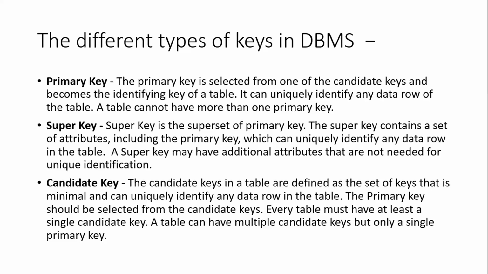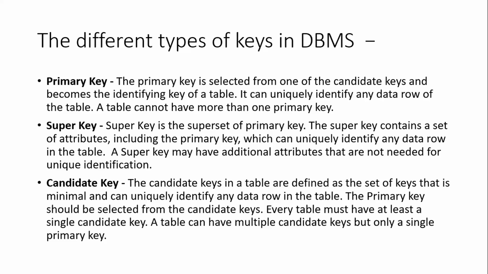This primary key is selected from one of the candidate keys and becomes the identifying key of a table. So to search or to identify a tuple in a relation, the first and foremost thing that you need is a primary key, which is always unique. Then only it can identify a data row of a table uniquely.